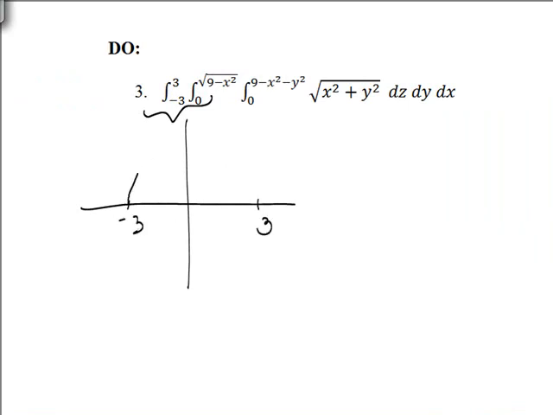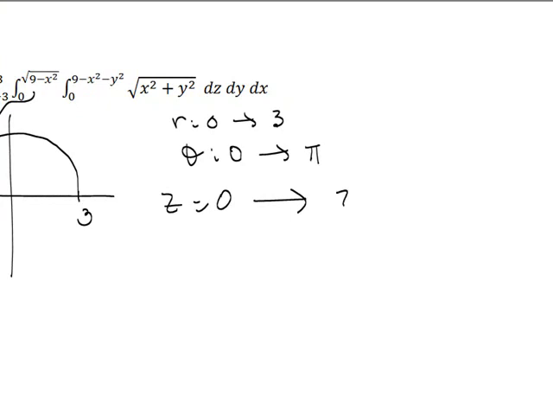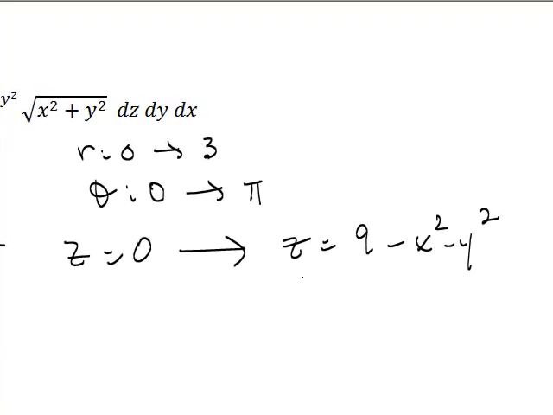Based on the y limits, just like the last one, we are looking at above here. And so r goes from 0 to 3, and theta goes from 0 to pi. z goes from 0 to 9 minus x squared minus y squared. So here, z is 9 minus r squared.